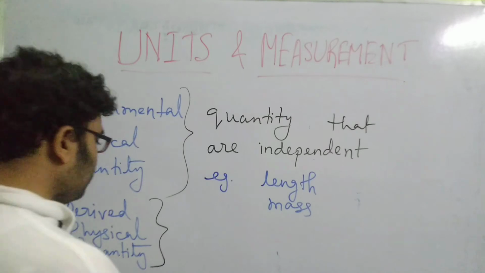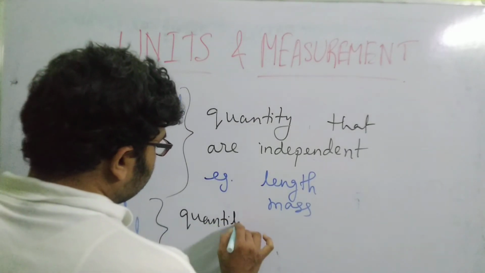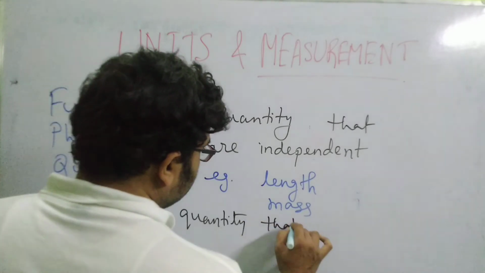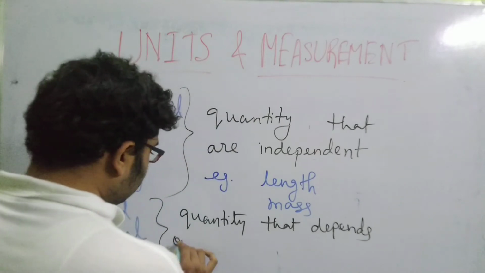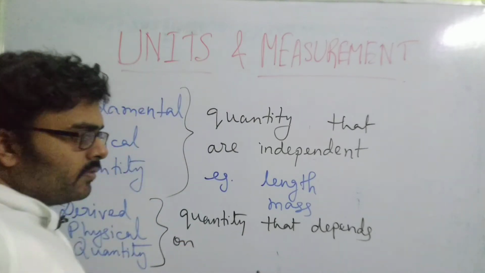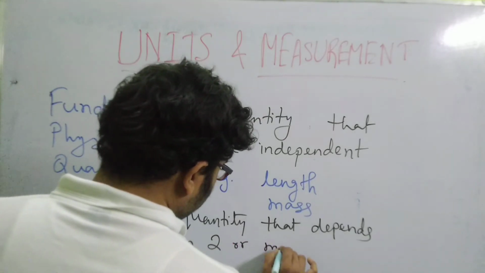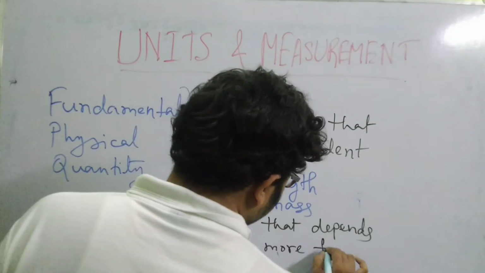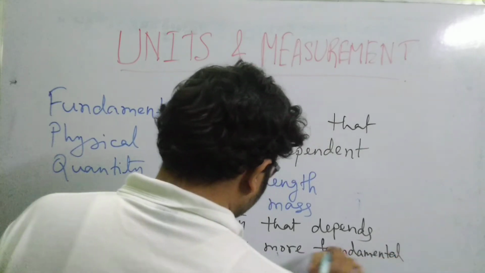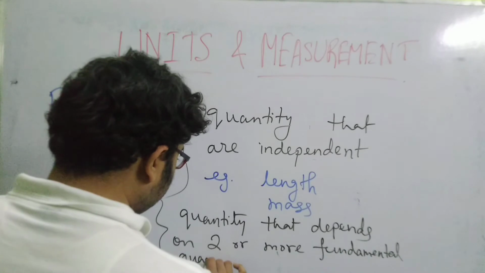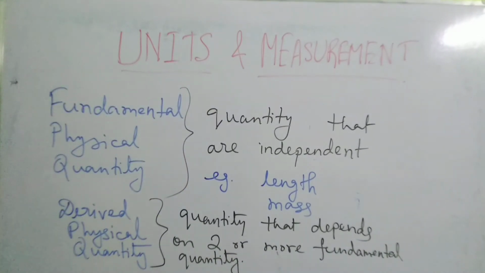A quantity that depends on two or more fundamental physical quantities is regarded as a derived physical quantity.